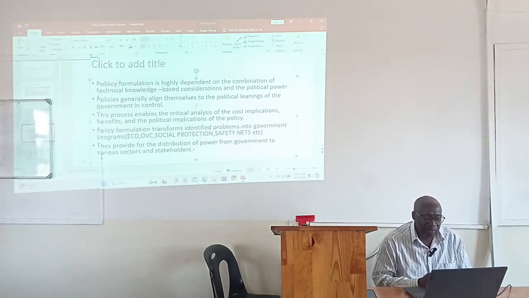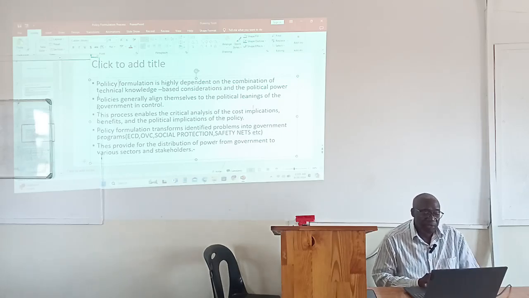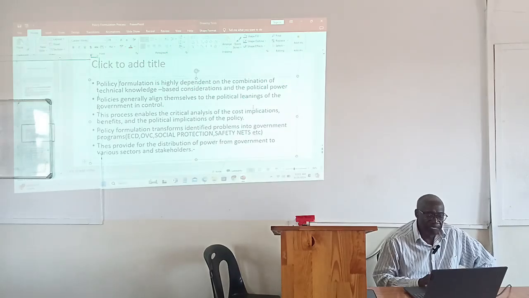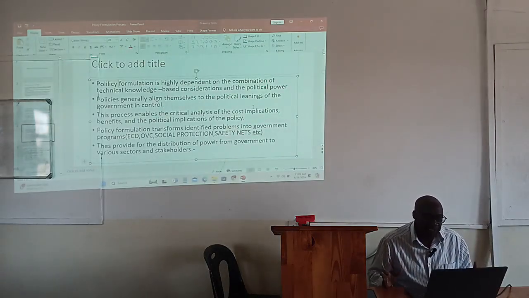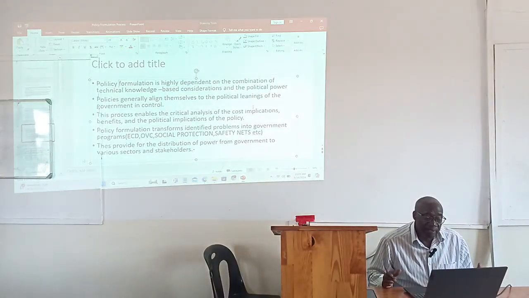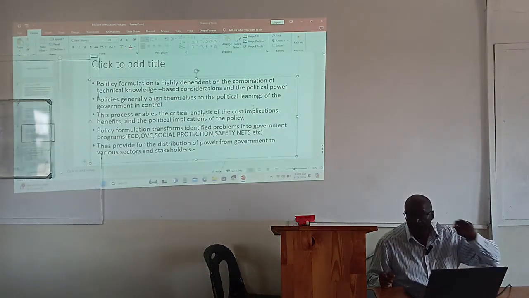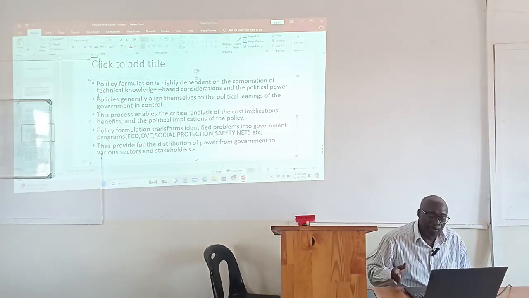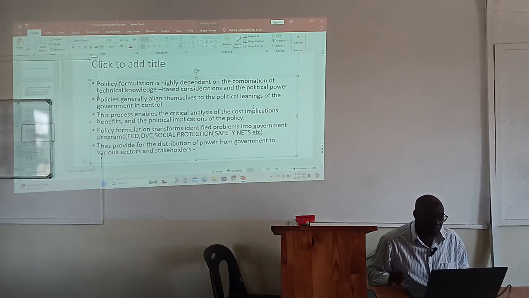So the process will enable you to do the critical analysis of implications in terms of costs and also the implications in terms of the political views about what you want to do. And also, you will discover that the policy that we come up with, if you are a technician, ends up being what we call government programs, for example, right? So a policy will always end up into a program or into a series of activities that try to meet the needs of the people that you identified during your initial assessment of the situation on the ground.